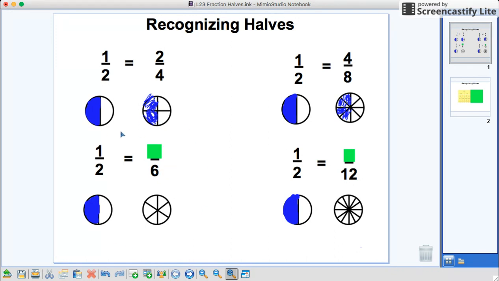Pause the video and copy this problem down here in the bottom left corner. 1/2 equals blank over 6, and then color the correct number of pie pieces to make 1/2.